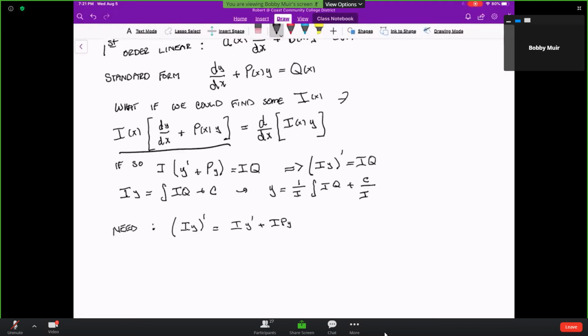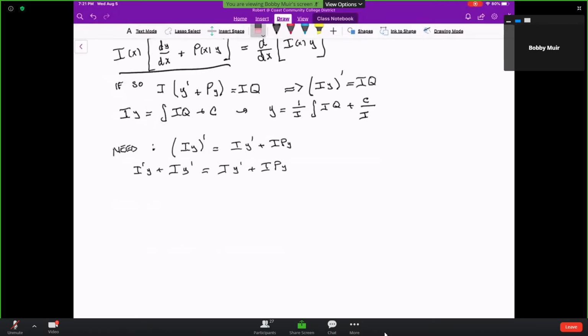Okay, so I use the product rule. I prime y plus I y prime must equal I y prime plus I p y. These two things are going to cancel to get I prime y equals I p y.